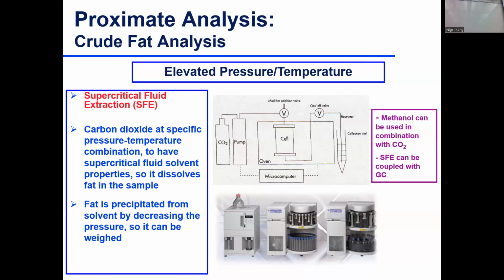You have the gas. And then because of a little bit high temperature, CO2 evaporates, and you'll have your fat so that you can collect it, weigh it, and do further analysis you want to do. So, yeah. Any questions so far?